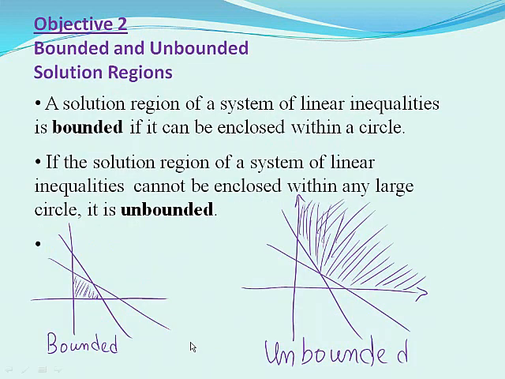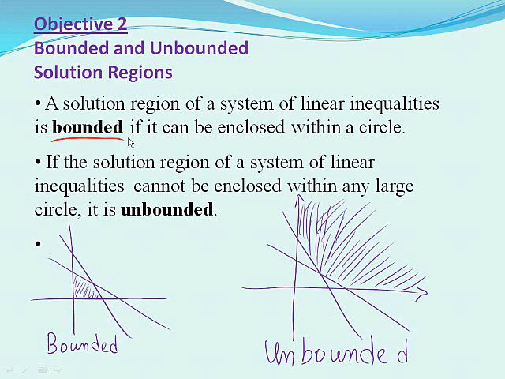Objective 2, bounded and unbounded solution regions. A solution region of a system of linear inequalities is bounded if it can be enclosed within a circle. If the solution region of a system of linear inequalities cannot be enclosed within any large circle, it is called unbounded.